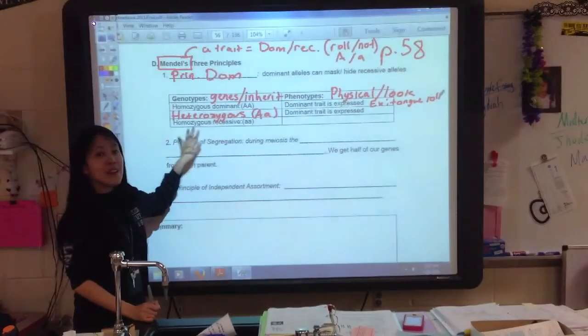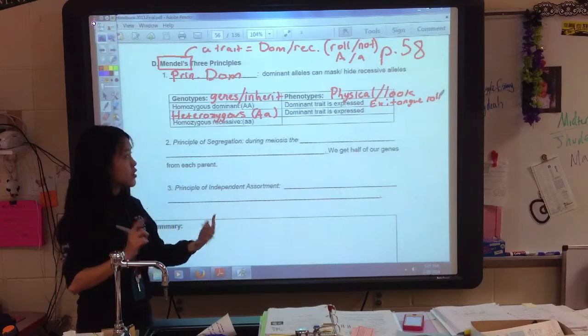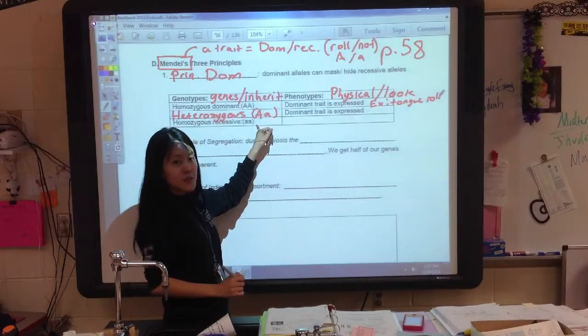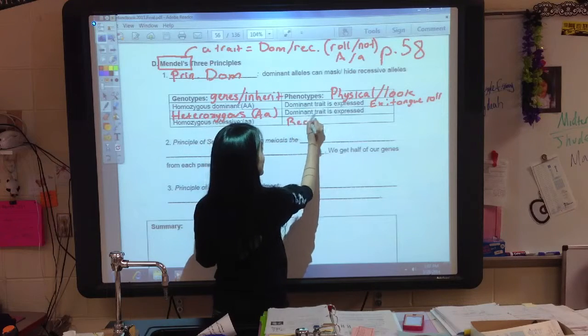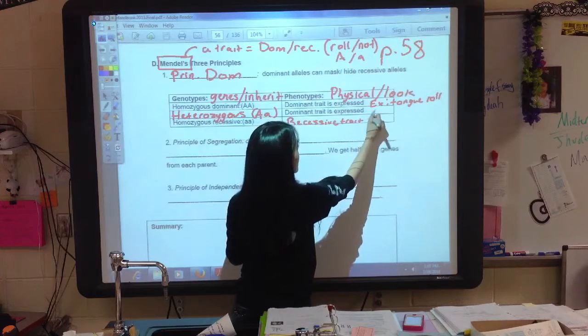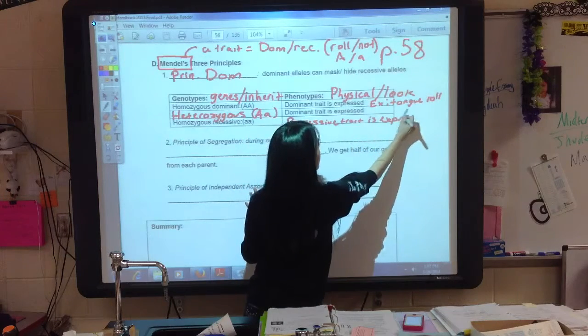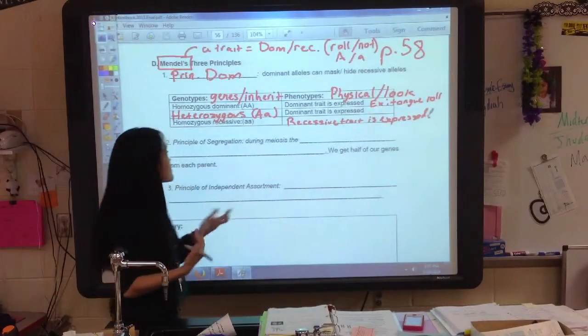If you are homozygous recessive, that means you got an allele from mom and from dad, 2 little a's, that says you cannot roll your tongue. So your recessive trait is expressed. Or the dominant trait is not expressed.